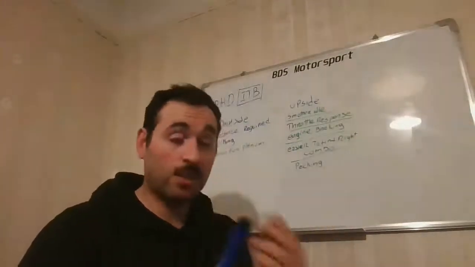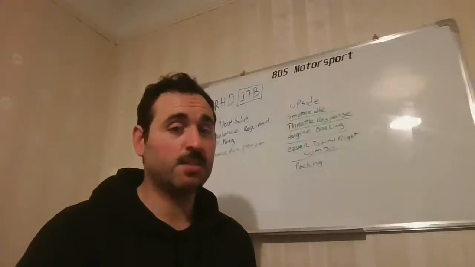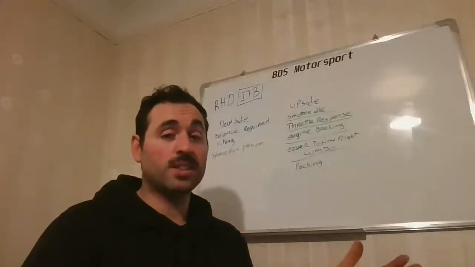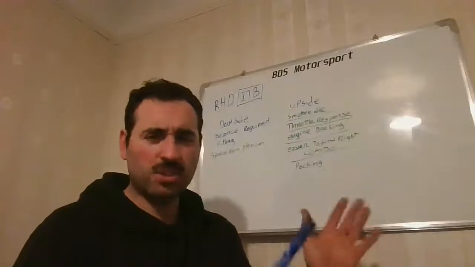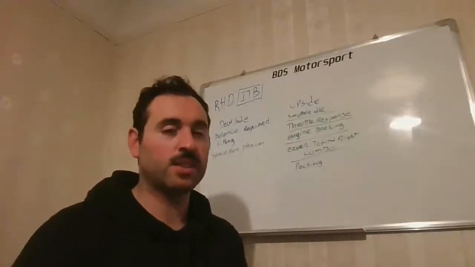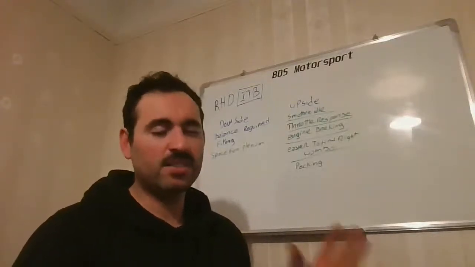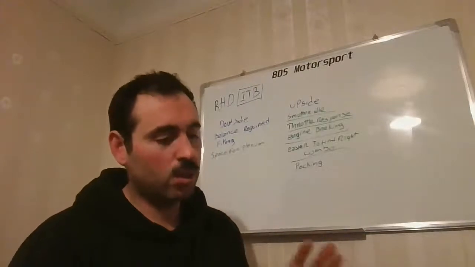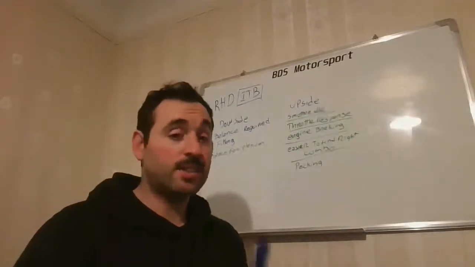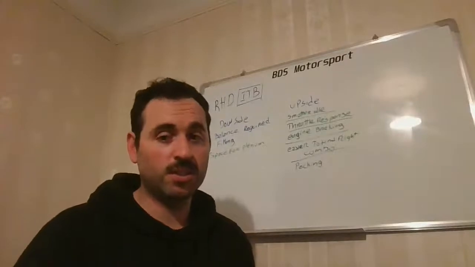Like the other Clio I've done, it was still on the standard intake manifold and made over 200 bhp, and it was just a 172 with my cylinder head on it. This is the thing: if it's tuned right, it should work really well. Intake tune, not the tune on the ECU.